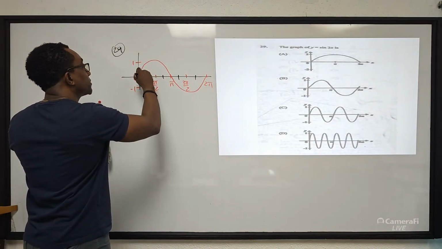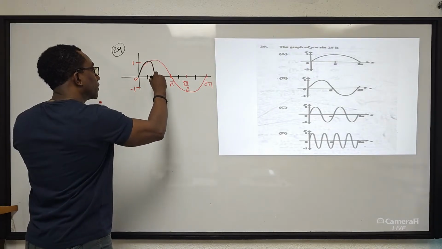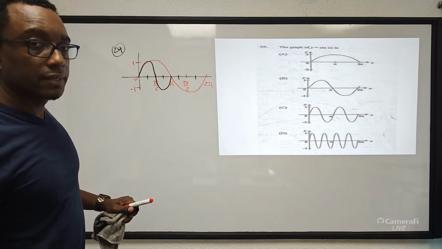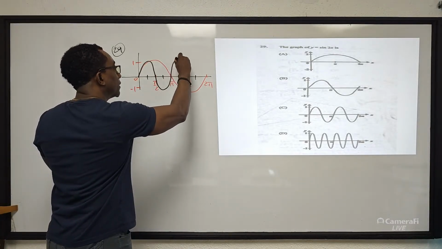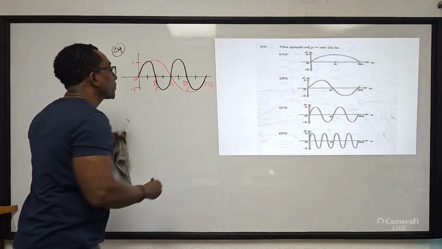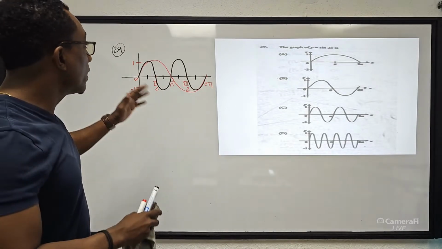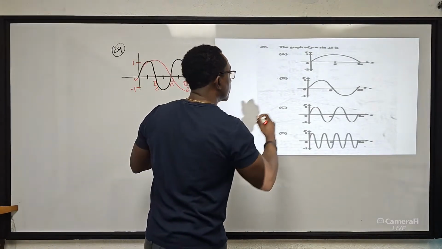So this is what we're going to see. So that's one sine curve within the period. And that's the other sine curve within the period. Right? So between 0 and 2 pi, our answer for this question is C.